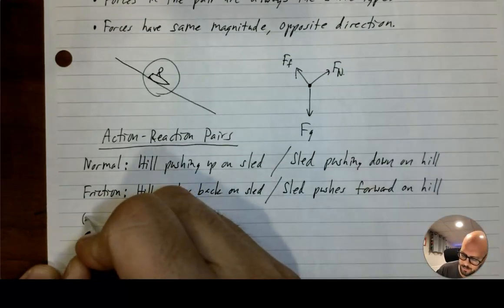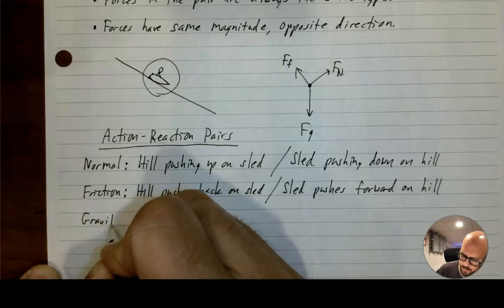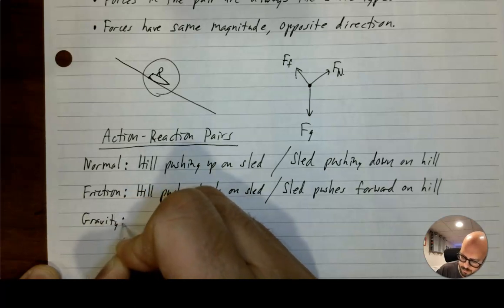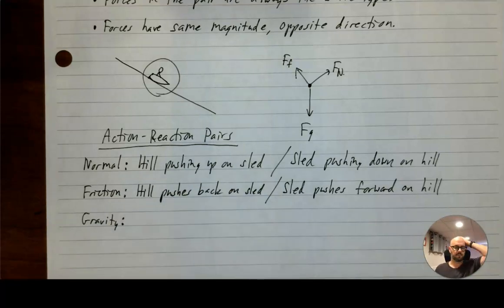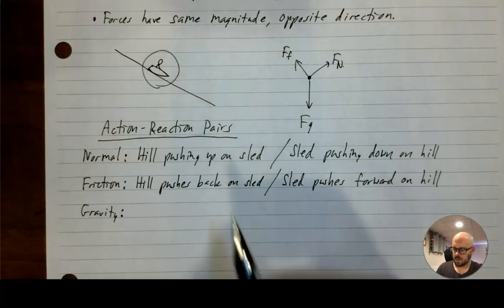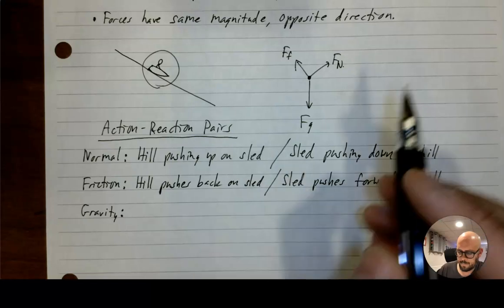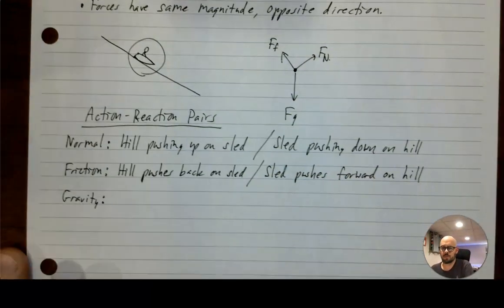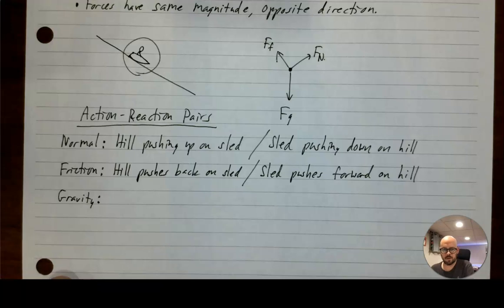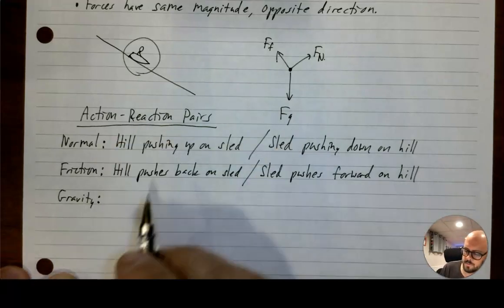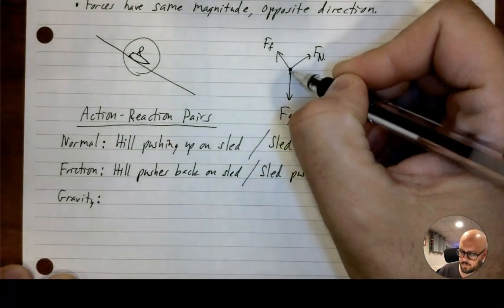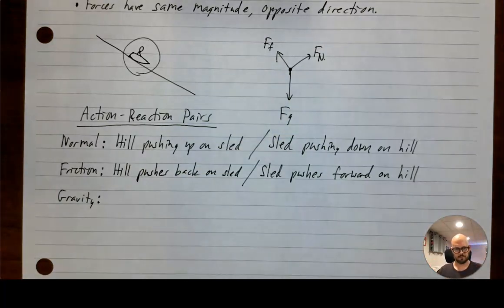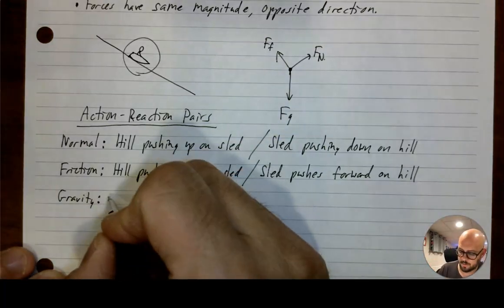The last action-reaction pair is gravity. This is a really important one to cover because it gets into the source of gravity. It's not the hill. The force of gravity that we experience on the Earth is due to just a really large, massive object that's near us all the time. And so the force of gravity, because it points down, we know the center of the Earth is below us.